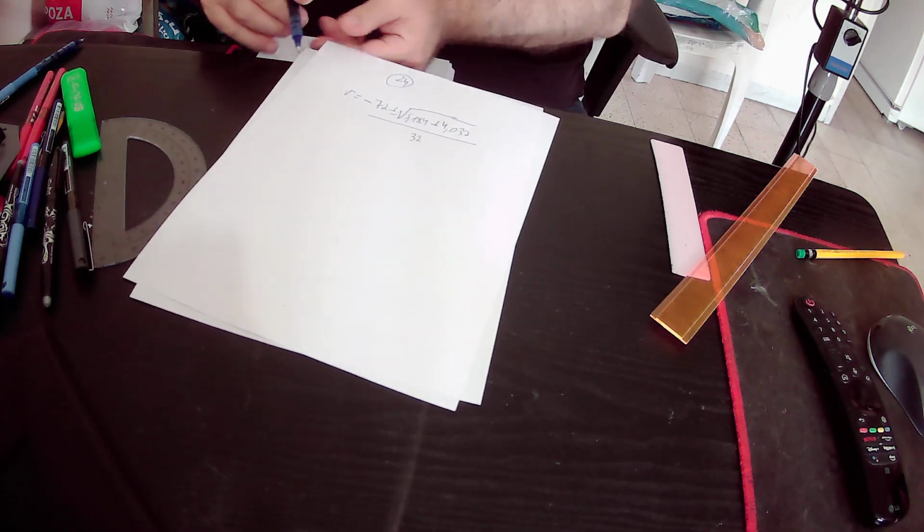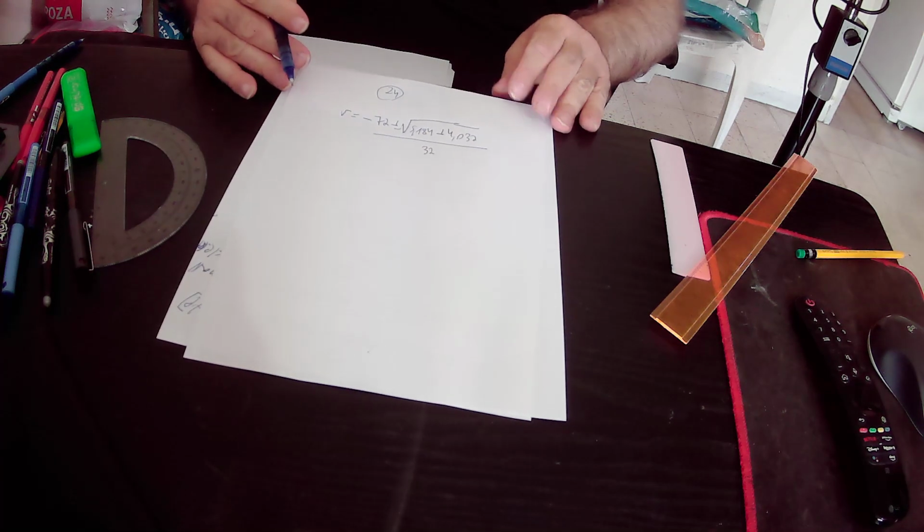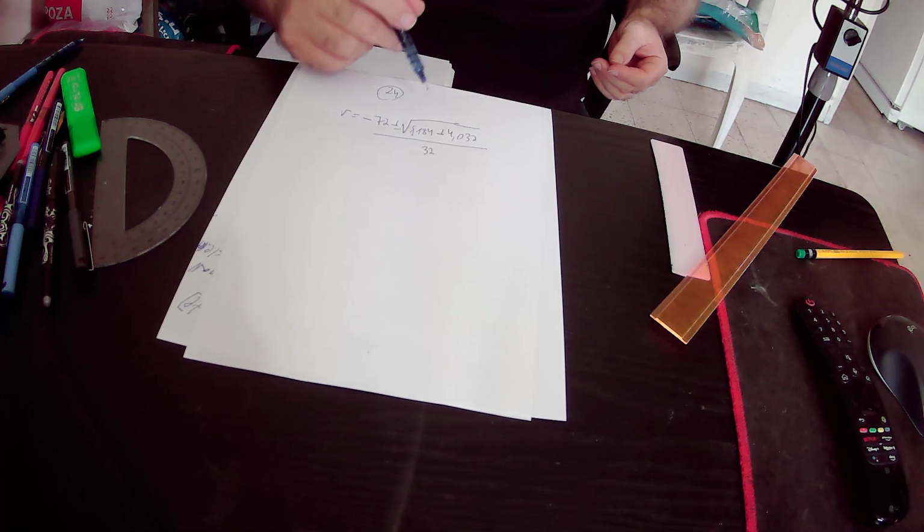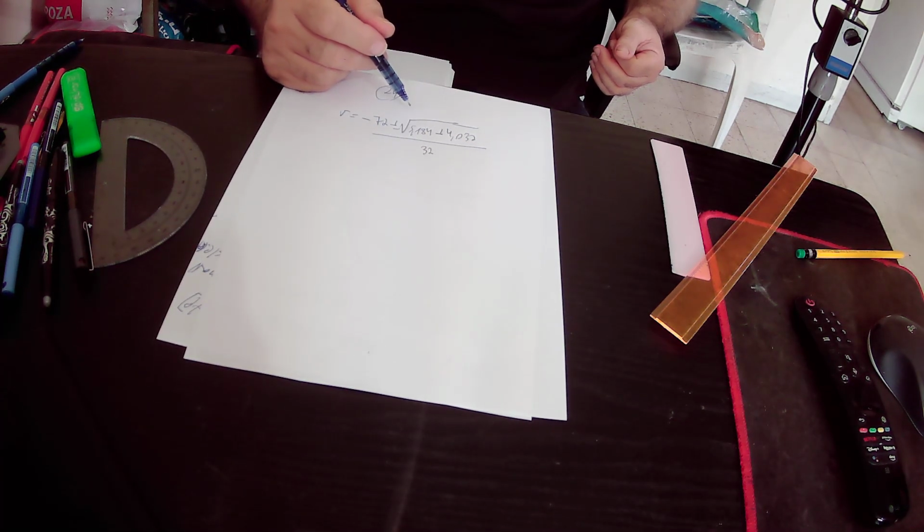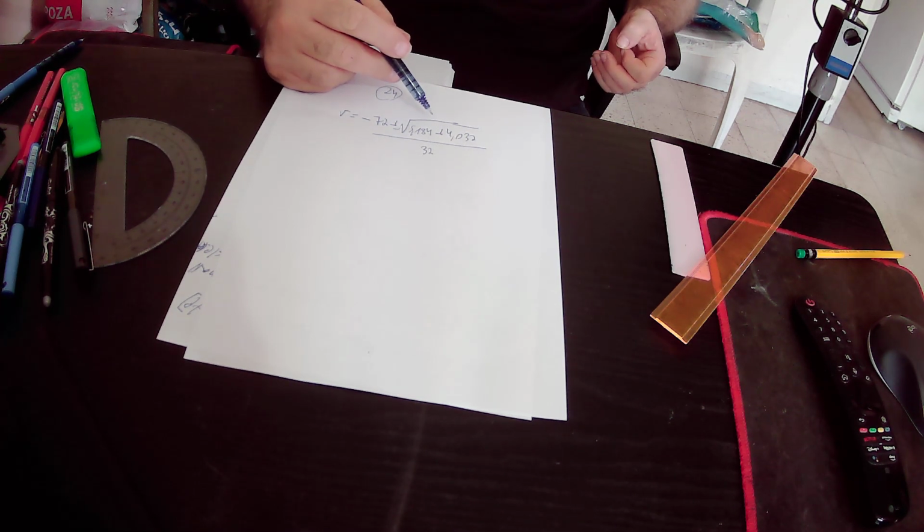We have this equality. In the root we have 5,184 plus 4,032, which is 9,216.